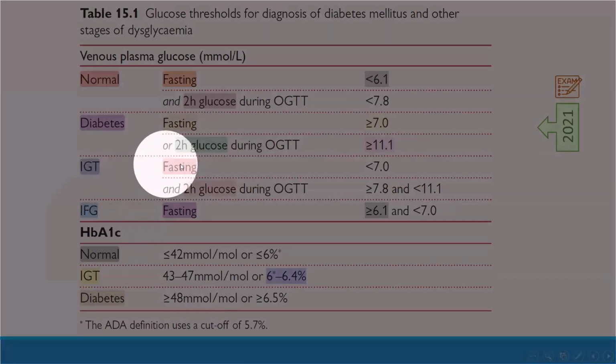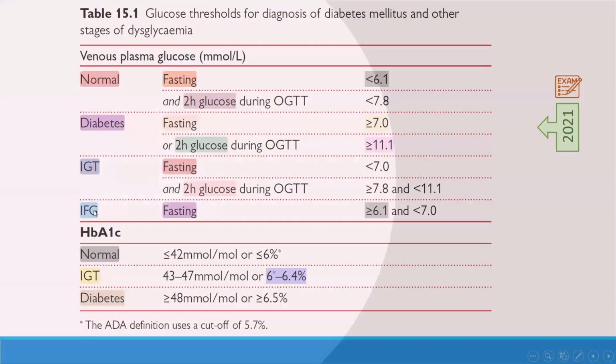For 2 hours, if fasting is less than 7 and the 2 hours is between 7.8 and 11.1, it is impaired glucose tolerance. So if the patient has impaired fasting and impaired 2 hours, it is impaired glucose tolerance, not impaired fasting plus impaired glucose tolerance test. This is important.